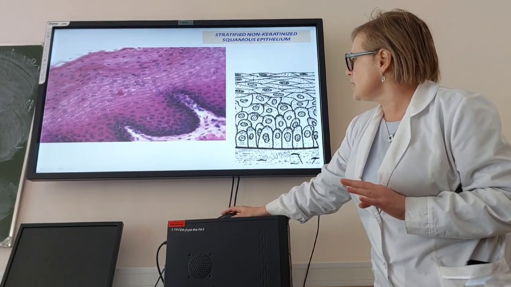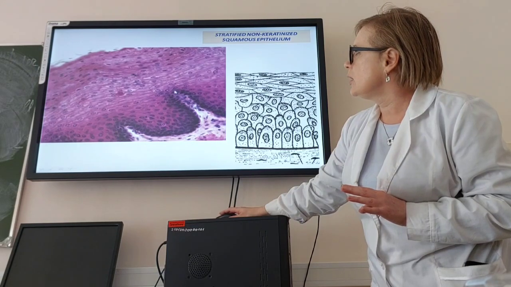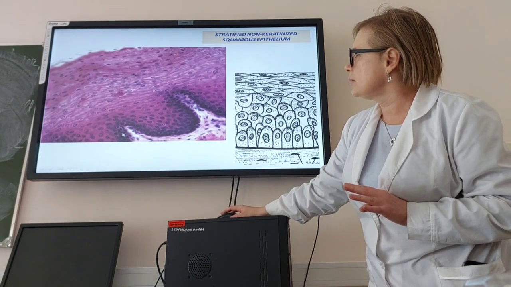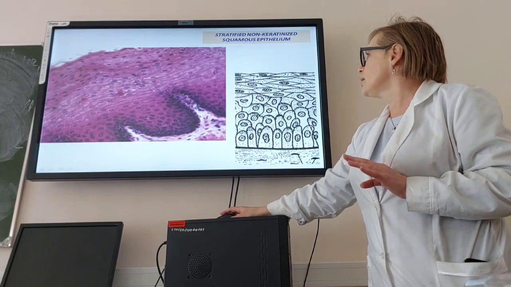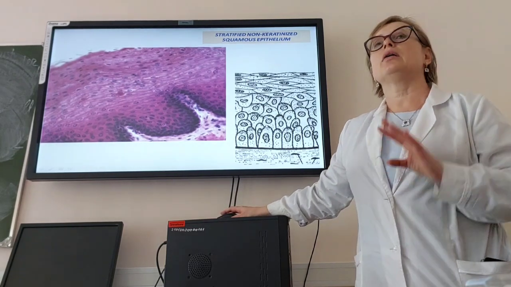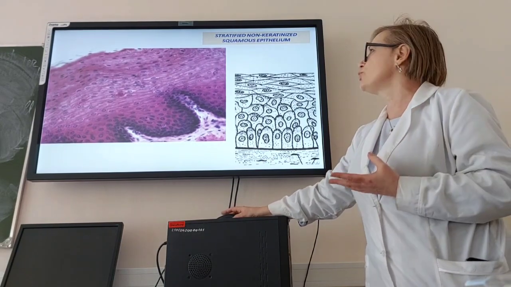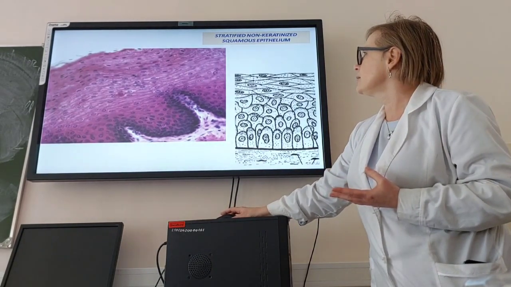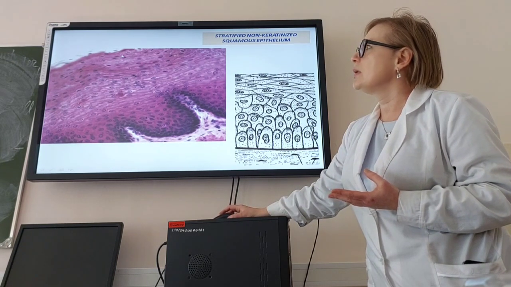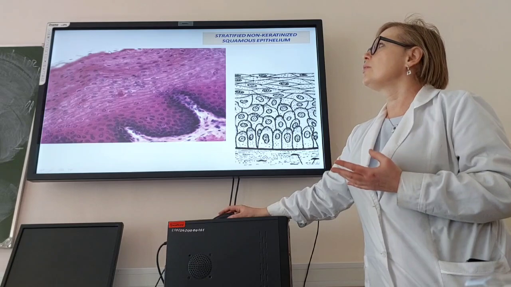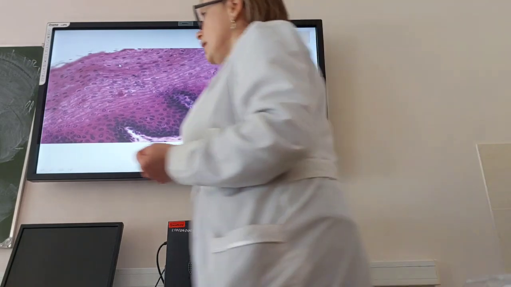The cells that belong to the basement membrane here, we name the basal layer. After that, all these cells we classify as belonging to the spinosal layer. And when we can see that the cells became flat, we name this layer the squamous layer.